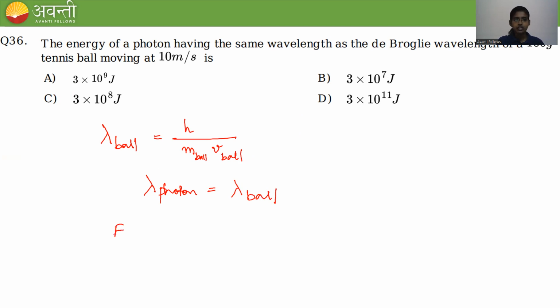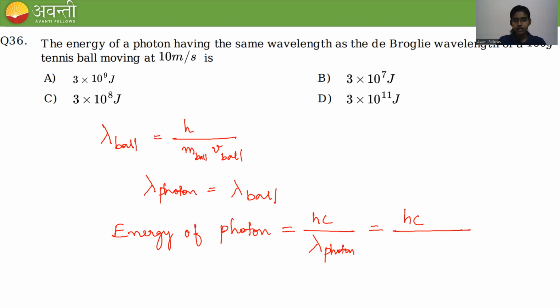We can relate this. The energy of the photon is E equal to hc by lambda of the photon, where lambda of the photon is equal to lambda of the ball, which is nothing but h by the mass of the ball into the velocity of the ball.